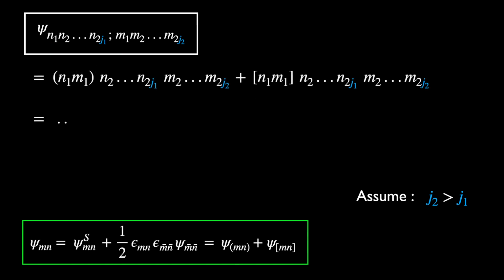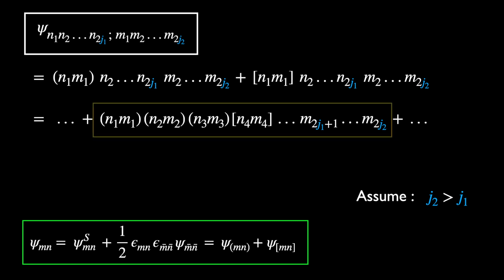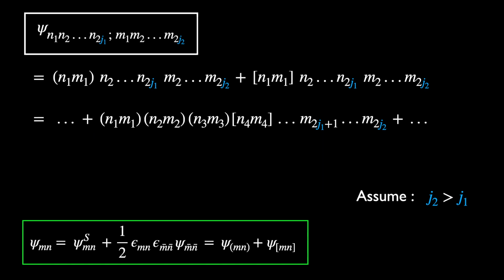Once we have run out of n to pair with m, the expansion looks like this, with a typical term like the one in the yellow box. Some pairs are symmetrized, while others are anti-symmetrized. The remaining unpaired indices run from m2j1 plus 1 to m2j2. The reason why we don't continue to apply the decomposition to indices on the same side is obvious.